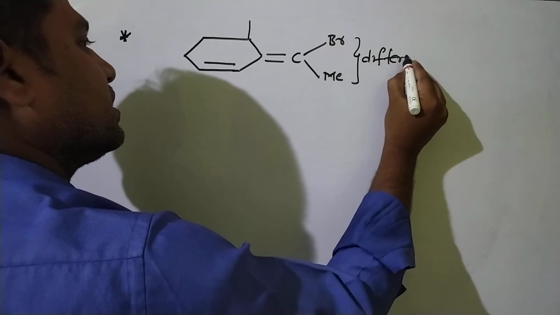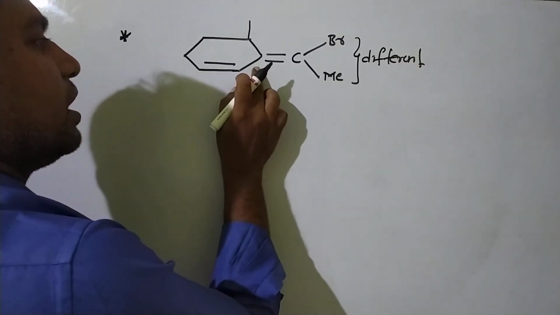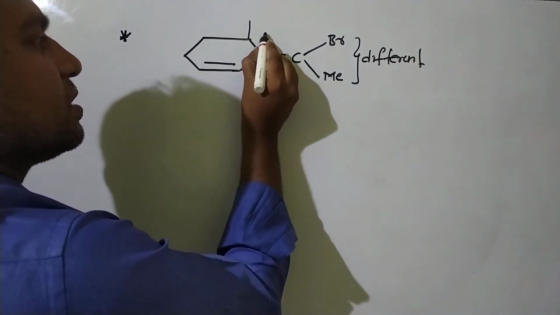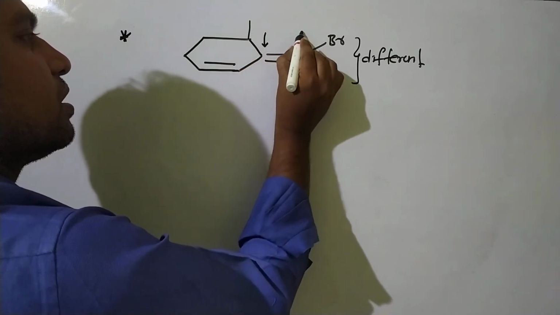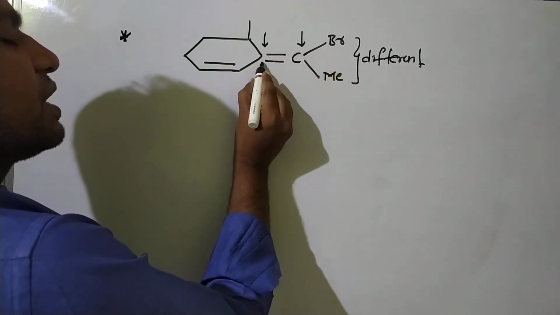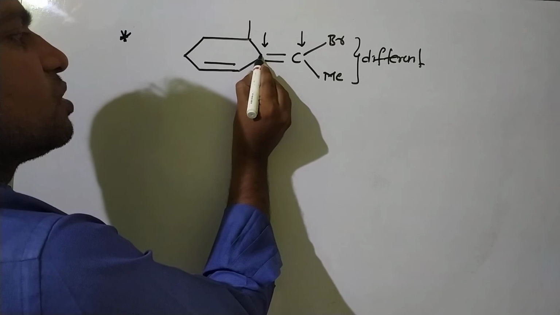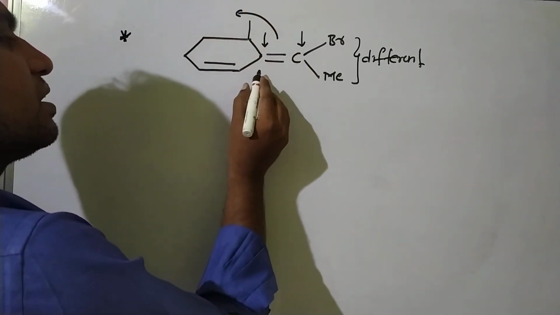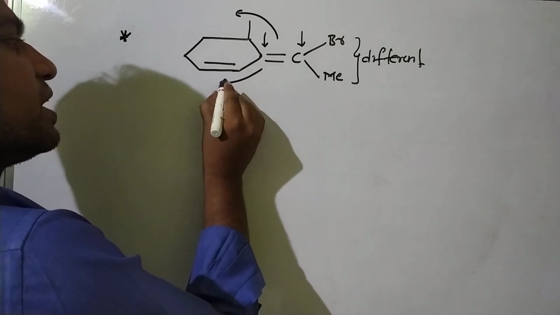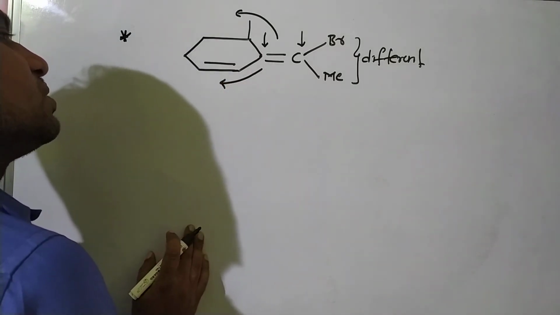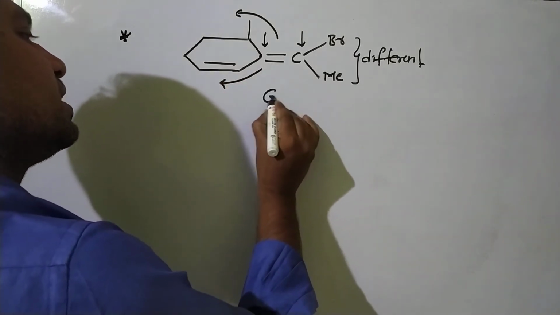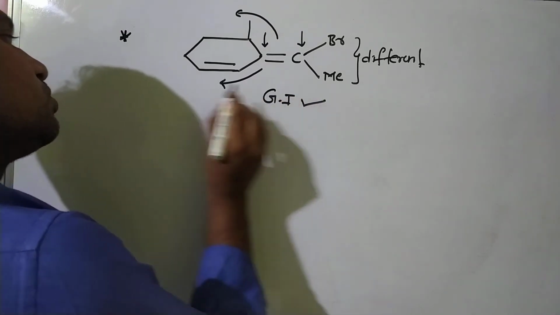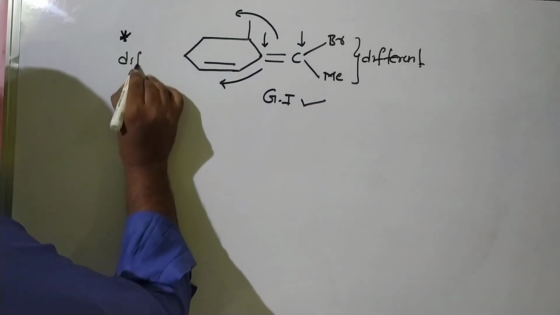With respect to this double bond carbon, in this direction the grouping is different. Okay students, so this will give geometrical isomerism.